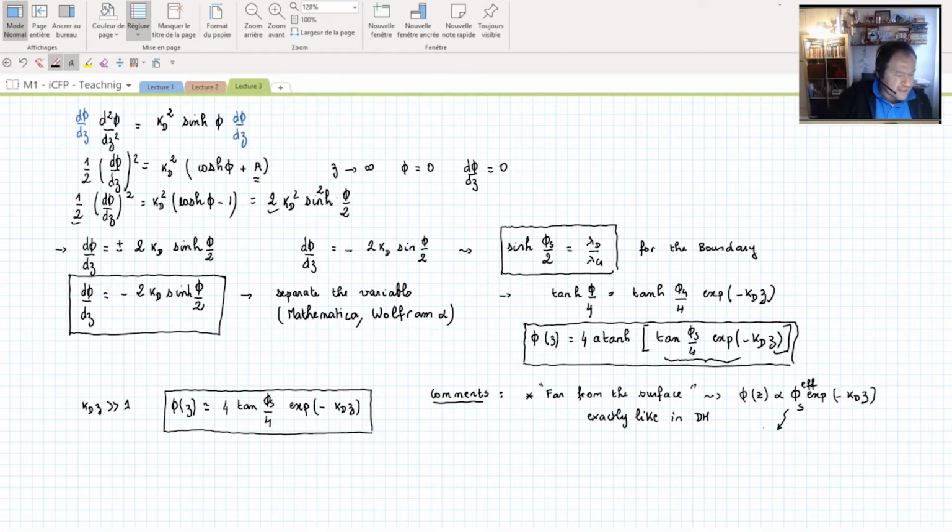So we still see the exponential decay, yes, Melissa. We still see something, but it will be difficult.